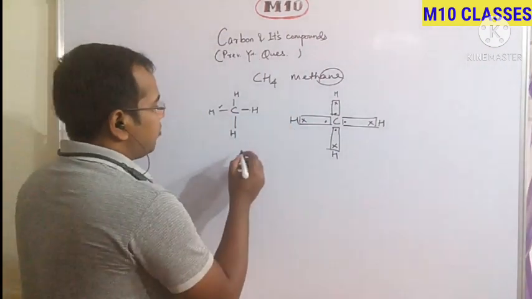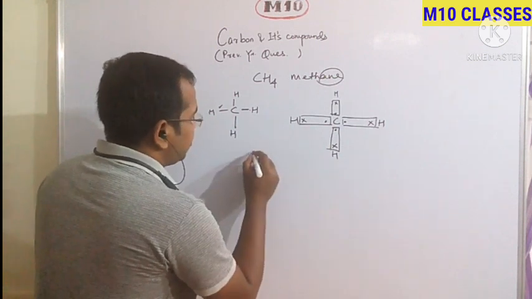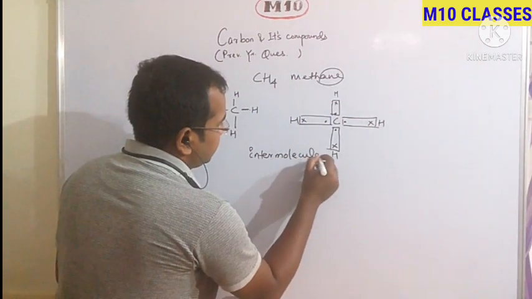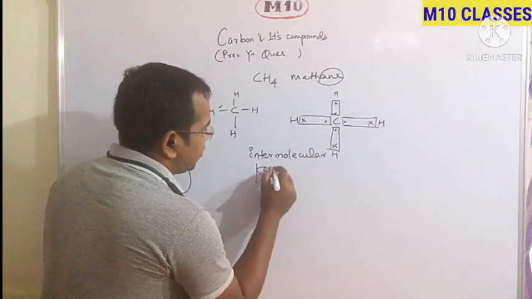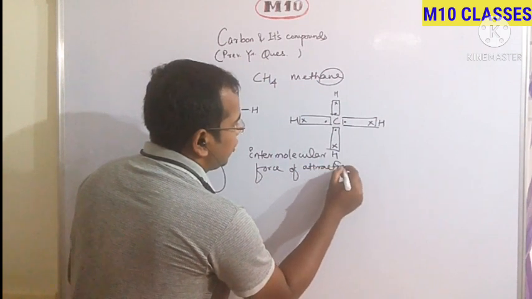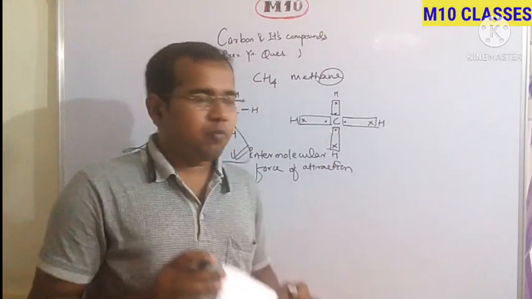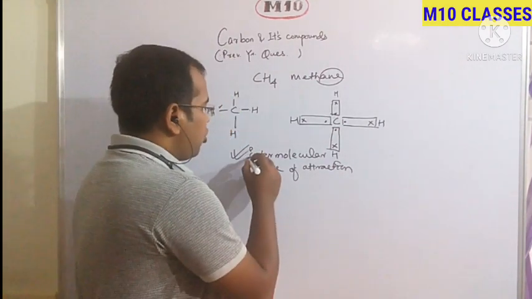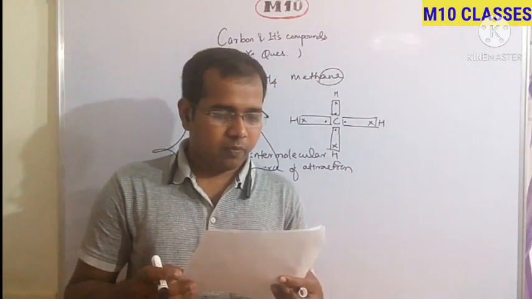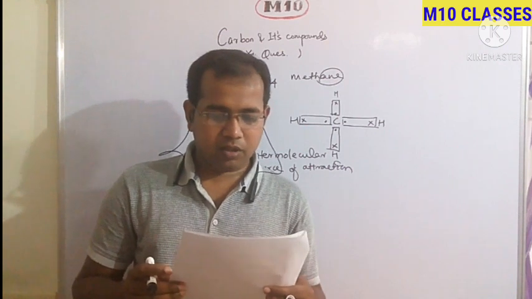Students, remember, melting points and boiling points are related to the intermolecular force of attraction. So as they have low melting and boiling points, they have low intermolecular force of attraction between those compounds.